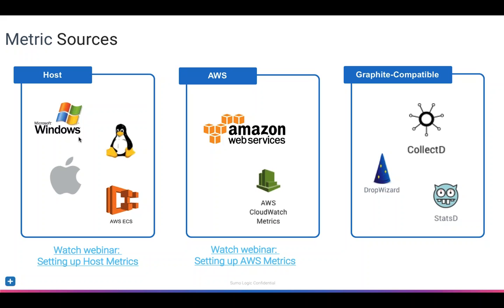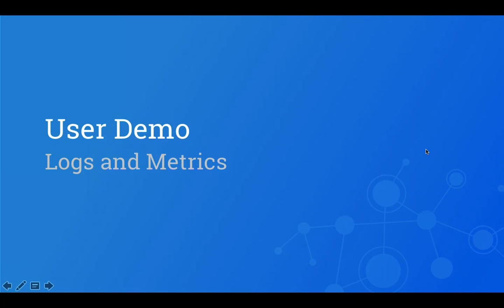For your AWS metrics here in the middle, we collect these via CloudWatch. These give you insights into your AWS environment. So examples of that could be your ELB metrics, your RDS metrics, your ECS metrics. For each of these, you can watch the webinar on how to set up each one of those. But today, we're going to focus on these graphite-compatible metrics that are here on the right-hand side.